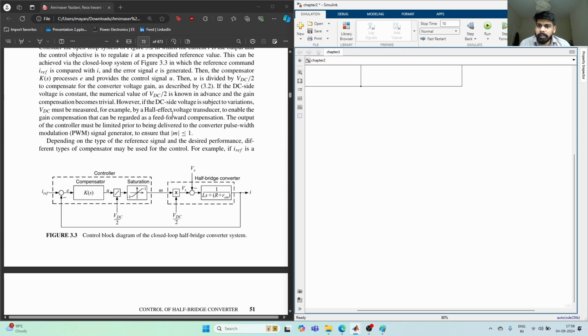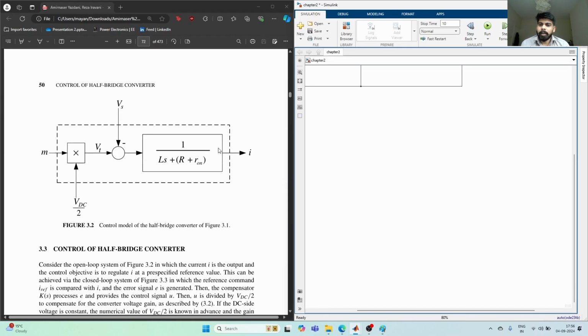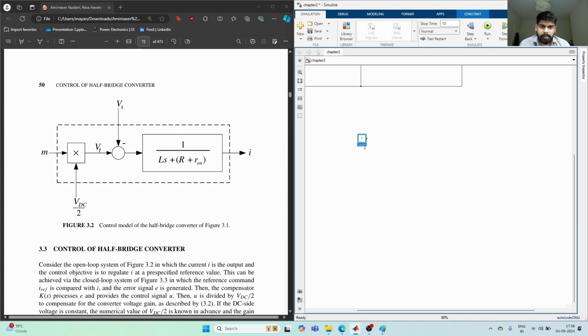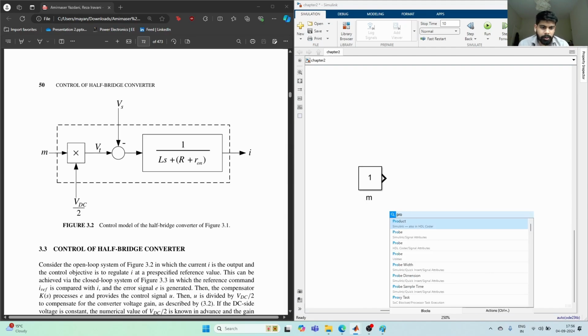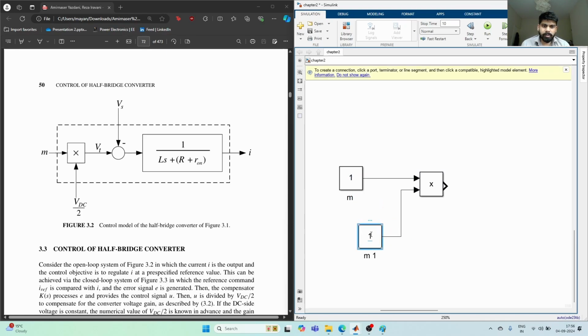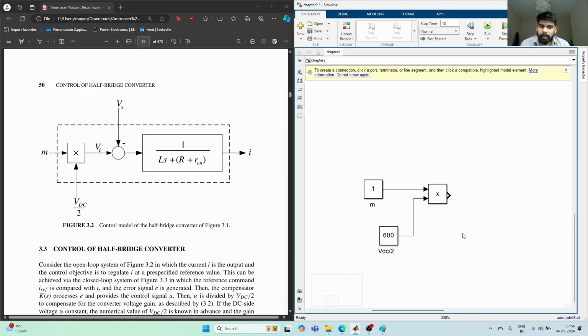So when we see the control, we have a constant M. Let's say this is our M, and we multiply it. So we multiply M by VDC by 2, which was 600 volts.